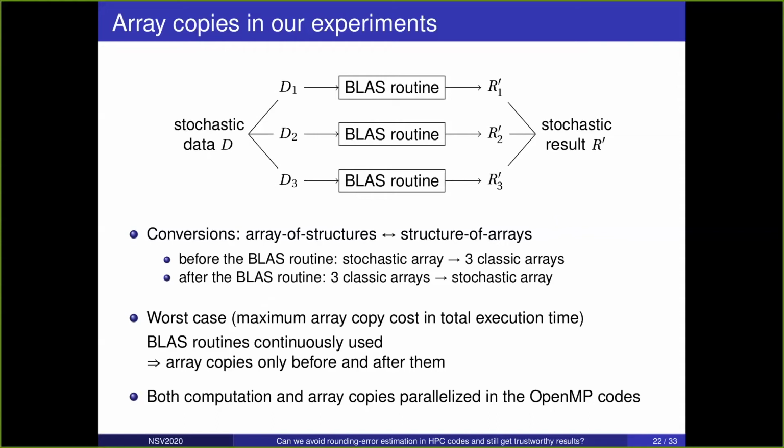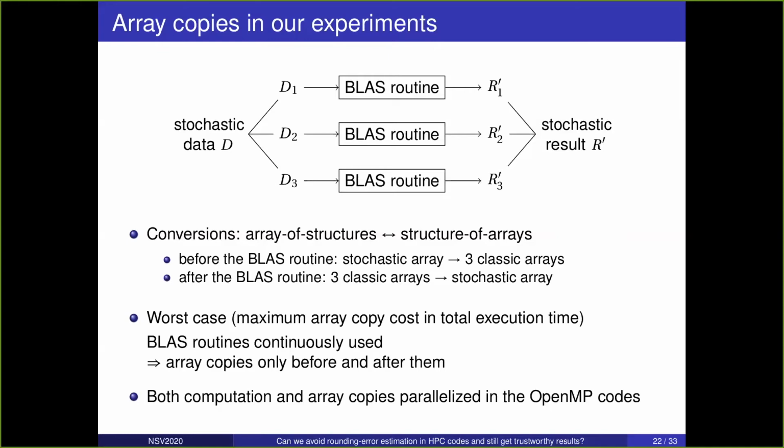Before the BLAS routine, you have from a stochastic array to obtain 3 classic arrays. And after the BLAS routine, from 3 classic floating point arrays, you will create a stochastic array. And this situation is the worst case because the array copy cost in the total execution time is maximum here because we use only 1 BLAS routine.